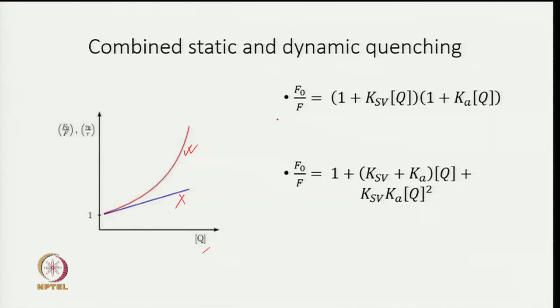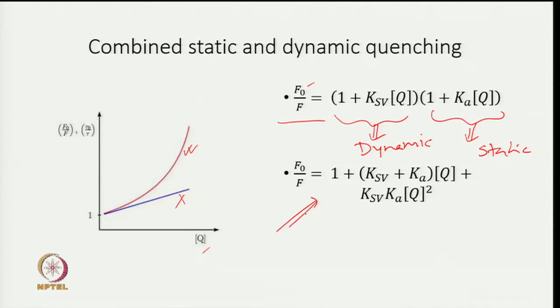So, when both static and dynamic quenching are taking place, F naught by F will be a multiple of two terms, one due to dynamic quenching and another due to static quenching. So, this is for static and this is for dynamic, and if you expand this you will get this equation.